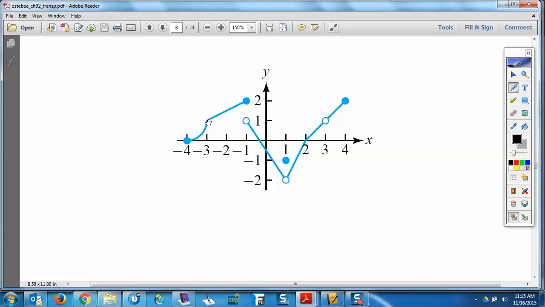Next one is the limit as x approaches -2. What would that be? 1.3? Are you guessing? I don't think you should have to guess, because isn't it over 2, up 1?